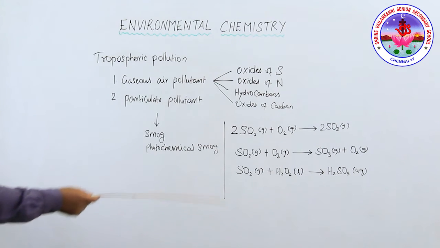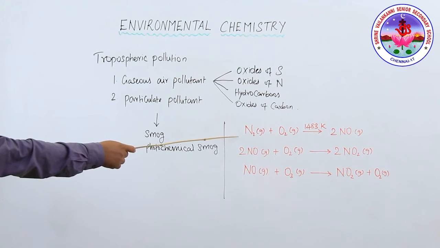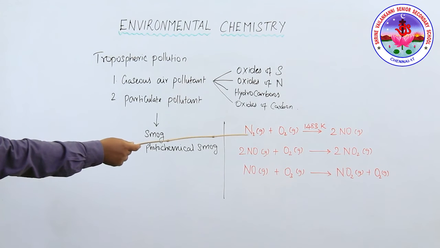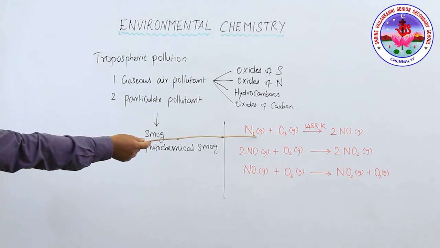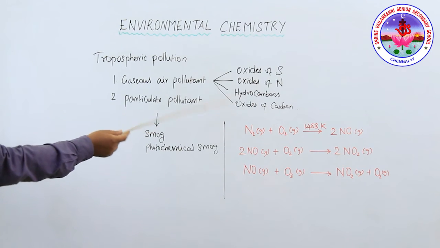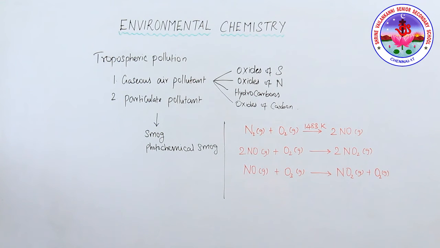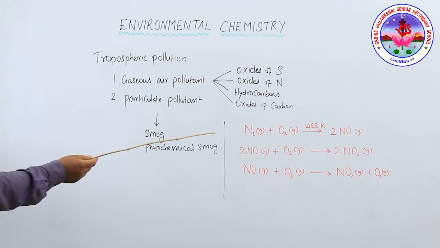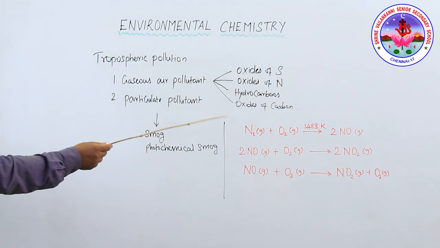The next thing, oxides of nitrogen. Here, the dinitrogen gas and the dioxygen gas are the main constituents of air. These gases do not react with each other at normal temperature.